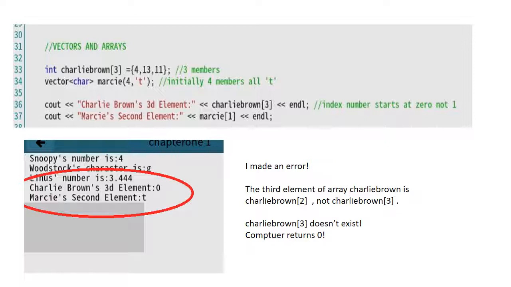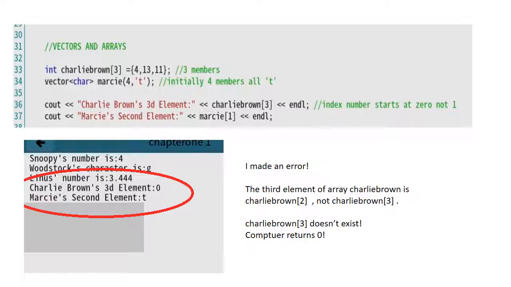Now, that's a slight flaw in how C works, because if Charlie Brown was a 4 element array and the fourth element with the index value 3 was a 0, then that would print out the same information. It would be nice if it printed out not a number or failure or something in this case, or null, but it didn't.